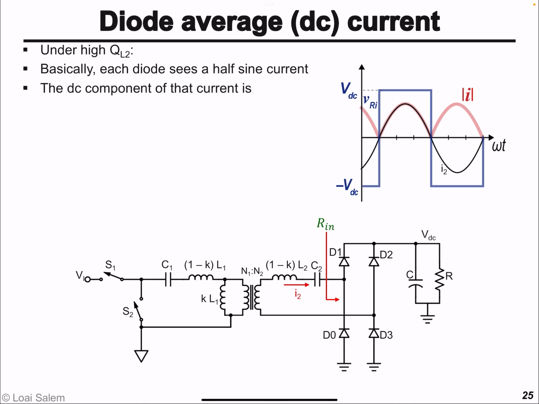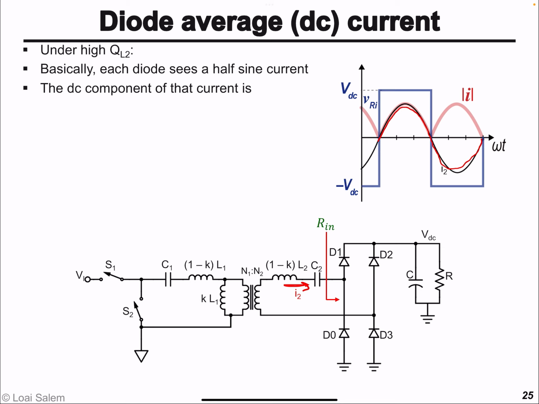The second rating is the DC current that will flow in the diode. Therefore, when we select a diode online, we should make sure that the rating of that diode exceeds the DC current that the diode in our design will see. Well, we mentioned before that the current flowing, I2 here, is shown as this black sinusoid waveform.